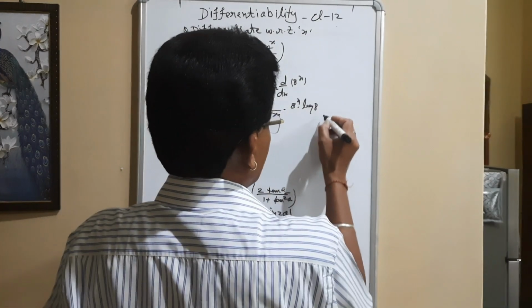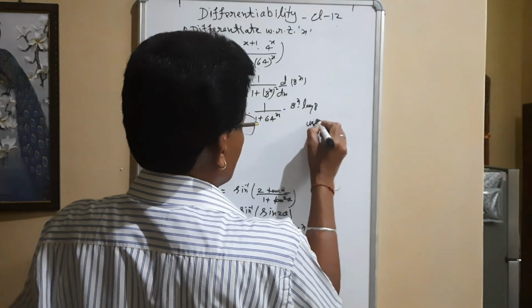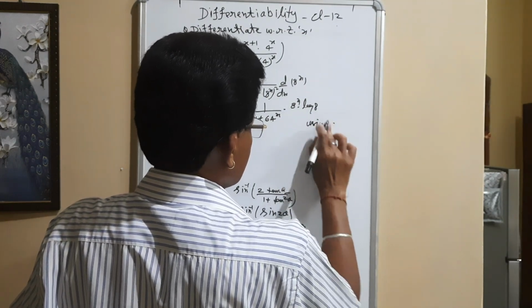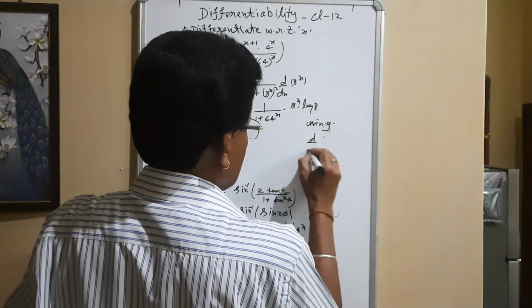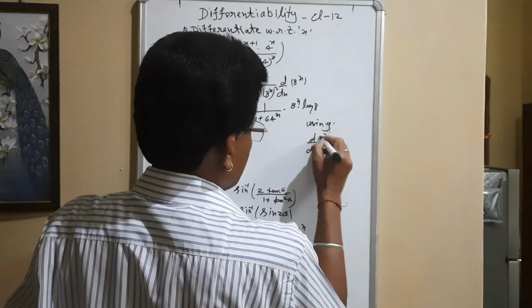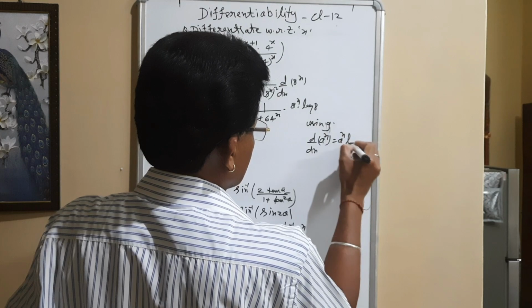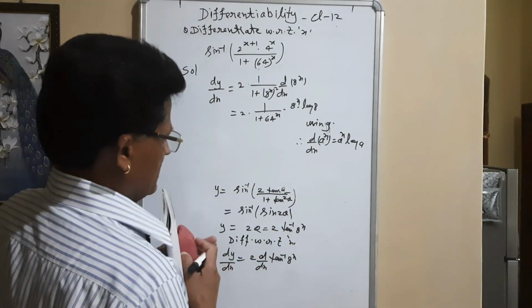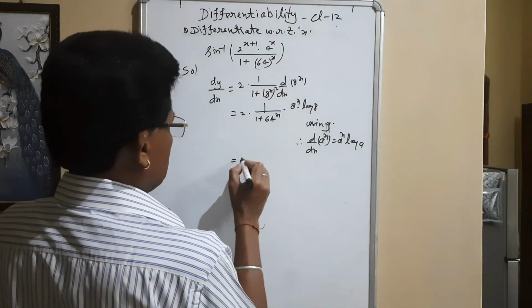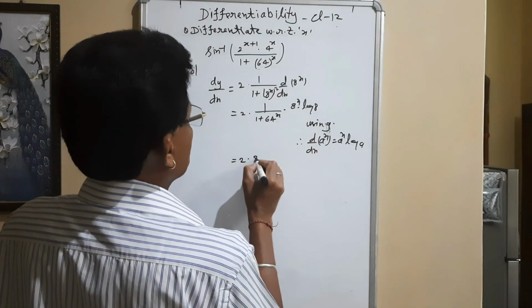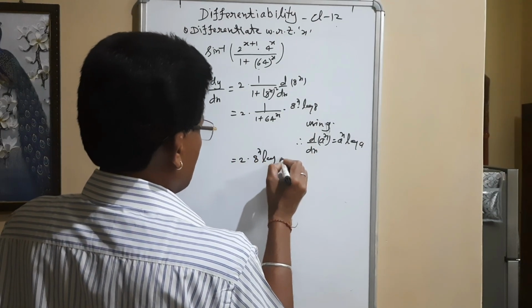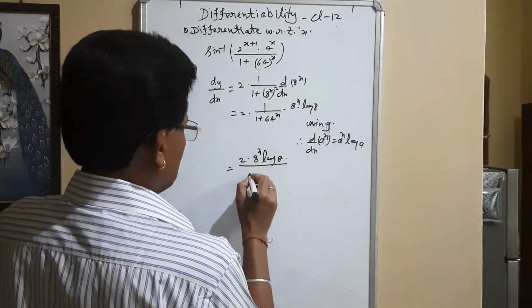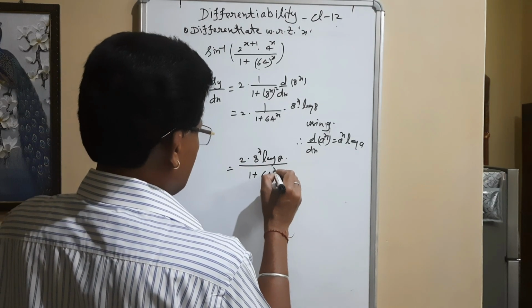Because what is the formula I have used? d upon dx of a to the power x is a to the power x log a. I am writing so that you will understand. This thing I have used over here. That is why the solution of the question is twice 8 to the power x log 8, divided by 1 plus 64 to the power x.